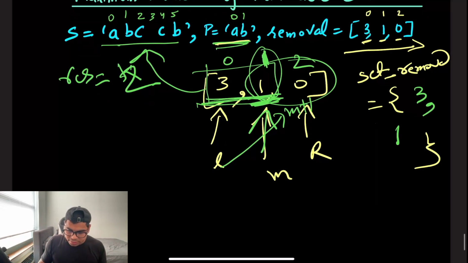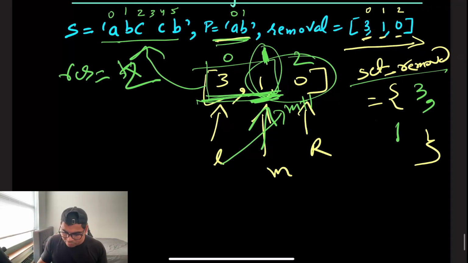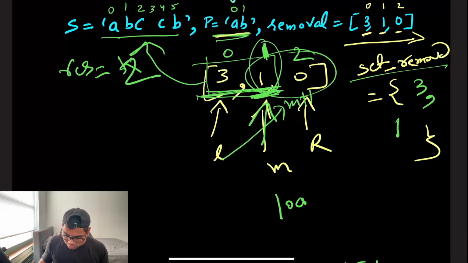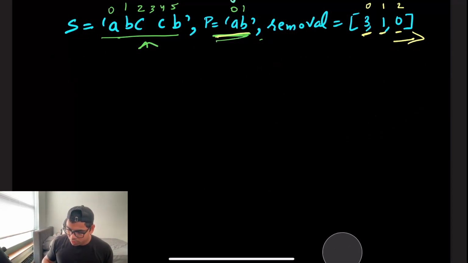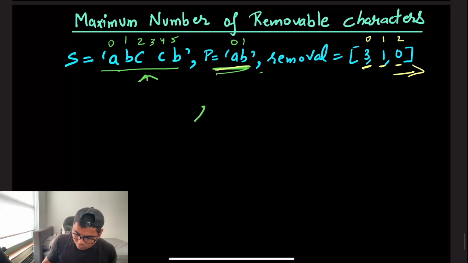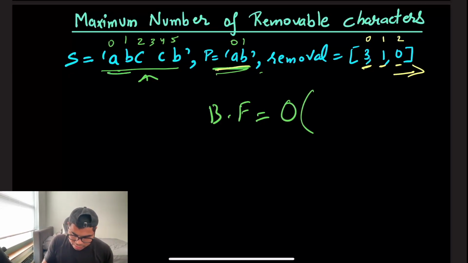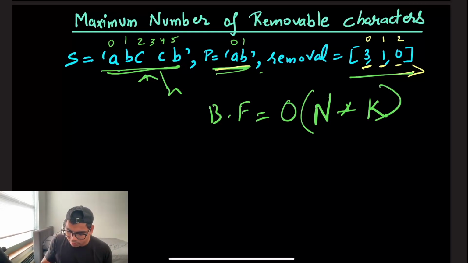If we were doing the linear brute force approach, the time complexity would be, let's say this is n, so max of n or m, I'm just going to call it n, times max k, this value.